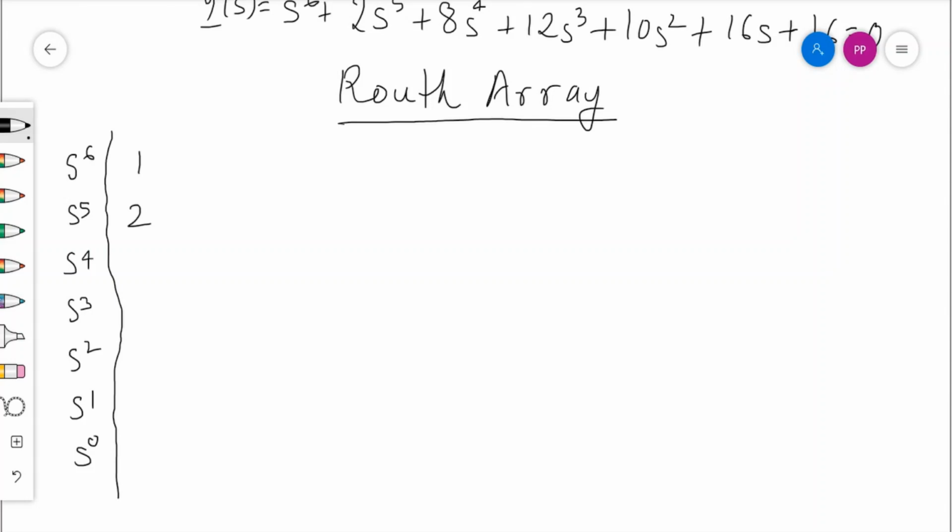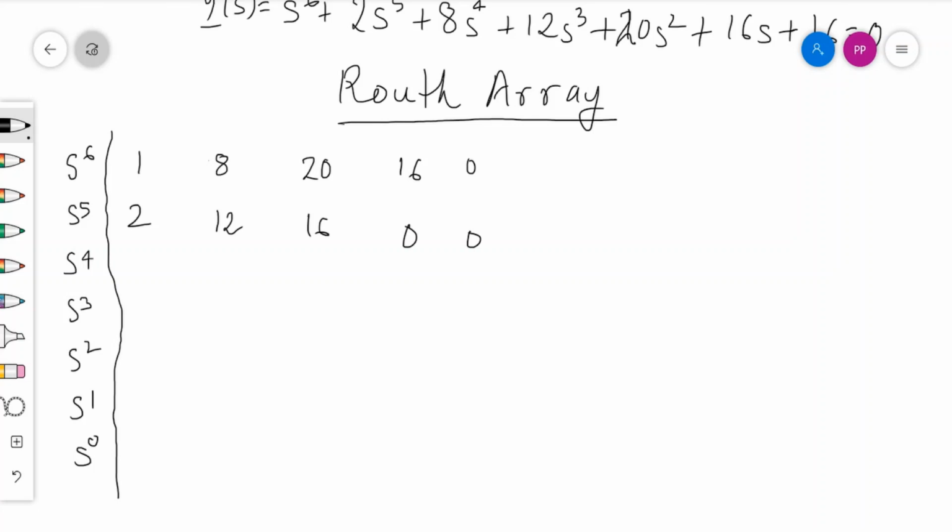Second column 8 and 12, third column 20 and 16. Then the last element is 16, so other elements can be considered 0.